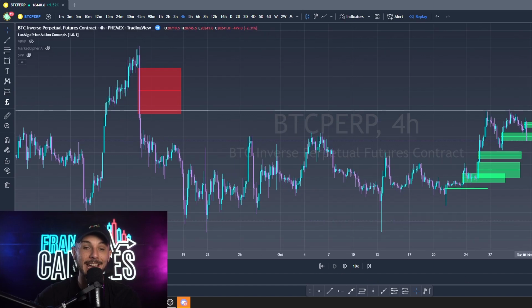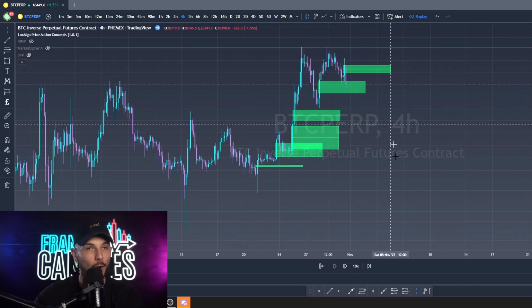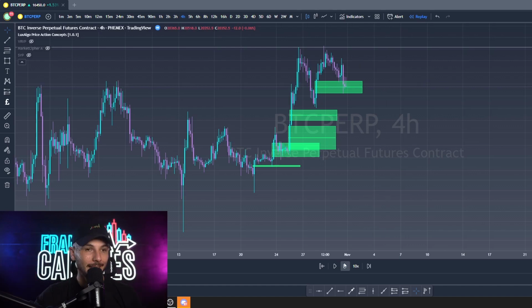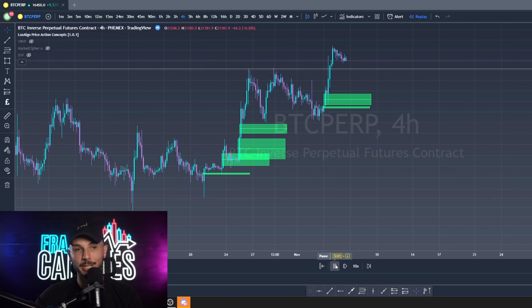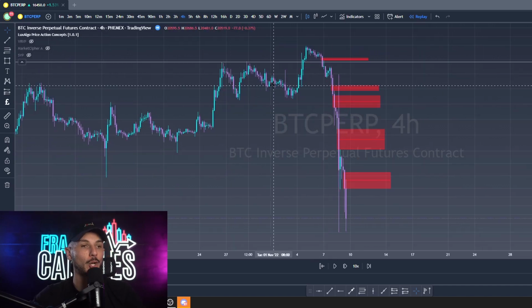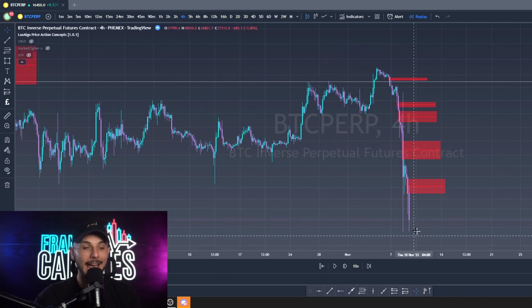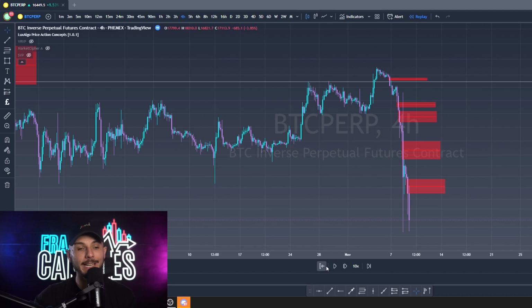And you can see now you have a bunch of fair value gaps to the downside, so we would expect price to come down and eat all these gaps up or fill the gap. And you can see here, if we play price forward, eventually, as we create more and more green gaps, boom, there you go. Price came down and took out all those fair value gaps. And if you go ahead and backtest this, especially with the indicator, it's very nice to see.